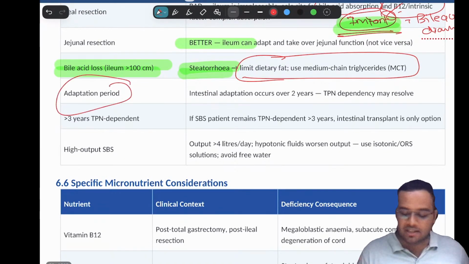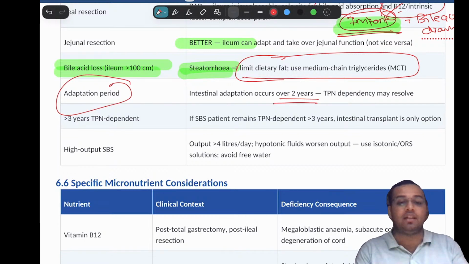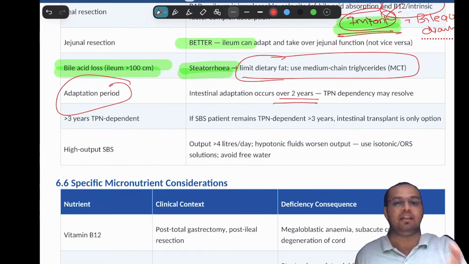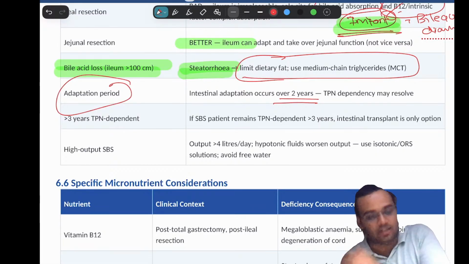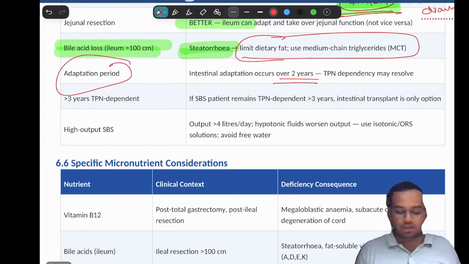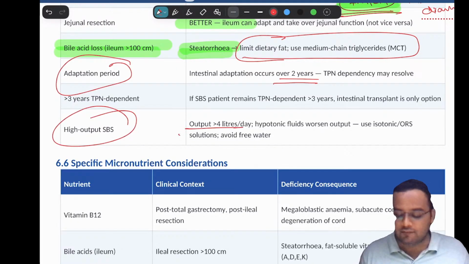And the intestine usually requires 2 years to adapt. You cannot take off the jejunum and expect the ileum to do the work of the jejunum within 2 days. It's not possible. The time span is going to be 2 years. And high output short bowel syndrome is more than 4 liters per day.